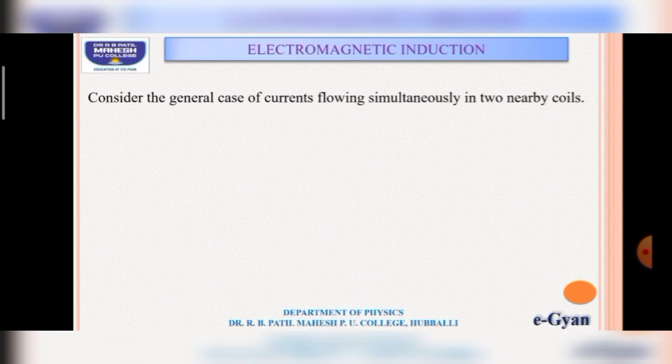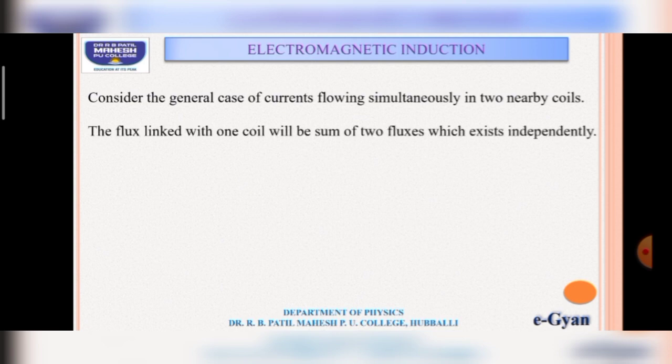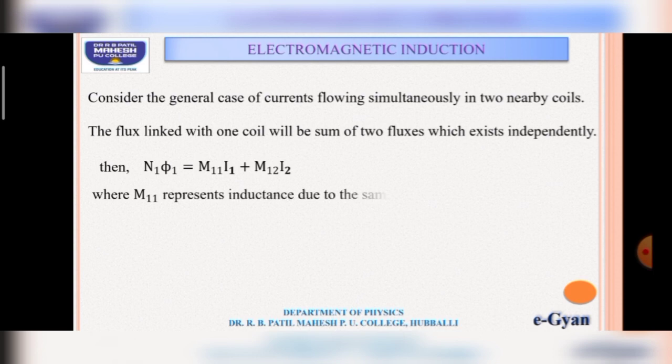Consider the general case of the currents flowing through two coils simultaneously. The flux linked with one coil will be the sum of two fluxes which exist independently, and it is given by N1 phi1 is equal to M11 into I1 plus M12 into I2, where M11 represents inductance due to the same coil and M21 represents mutual inductance of S1 with respect to S2.